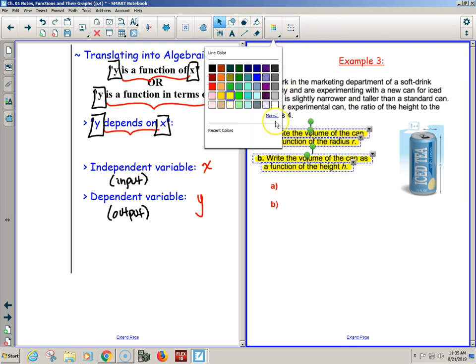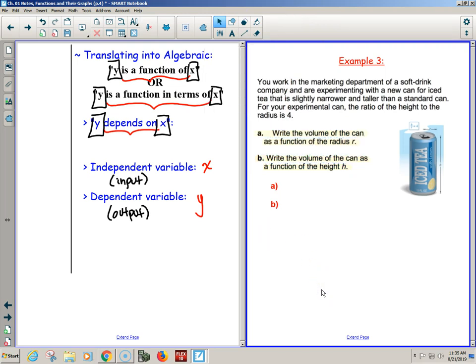Do you guys see that wording anywhere over there? Any hints, any clues? How would you summarize? Marketing. Designing a new iced tea can.